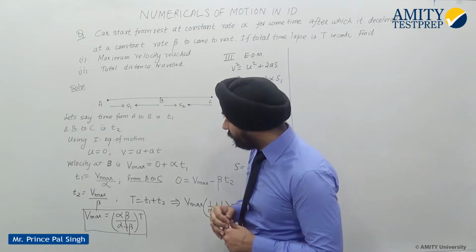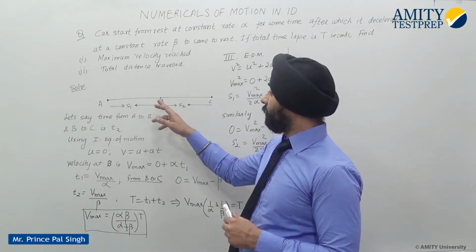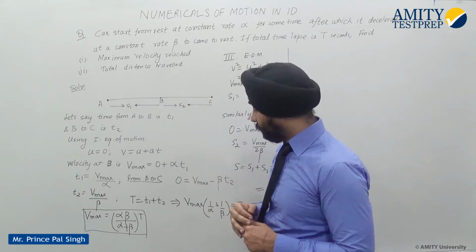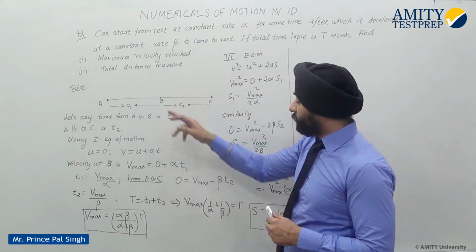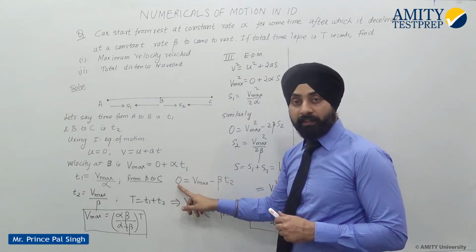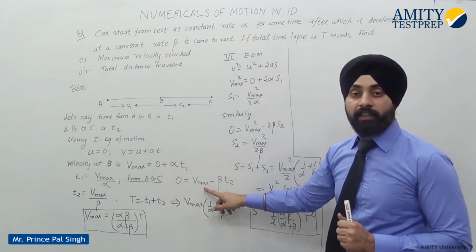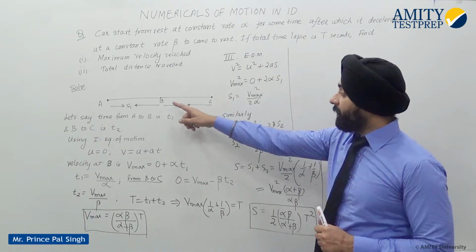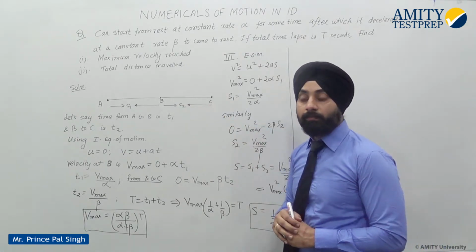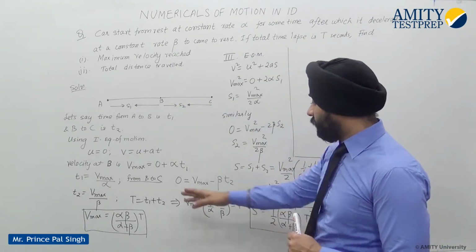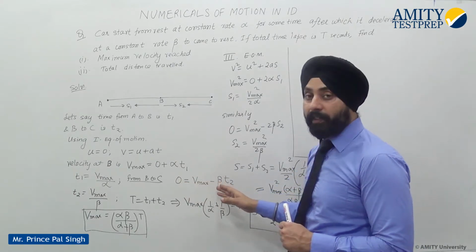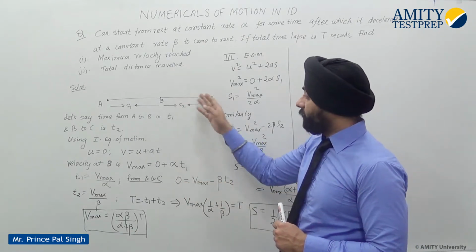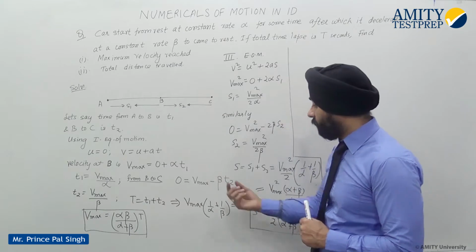So again applying v equal to u plus at for the B to C part, the final velocity is 0, the initial velocity is Vmax, and the time taken from B to C is t2. So 0 equal to Vmax minus beta t2, because the deceleration is beta. So we have to put a minus sign here.